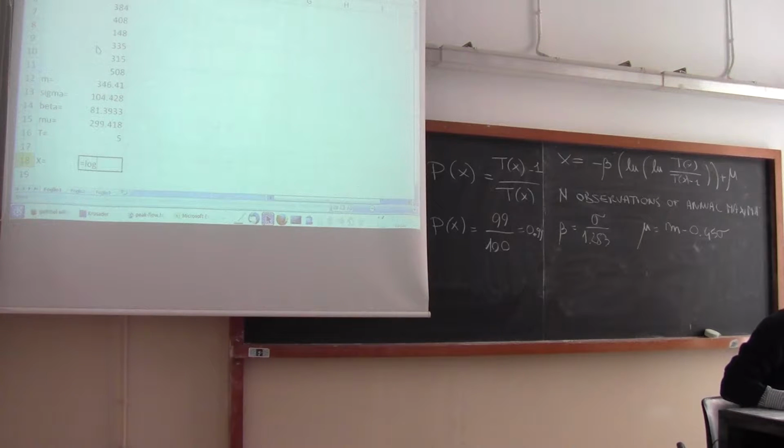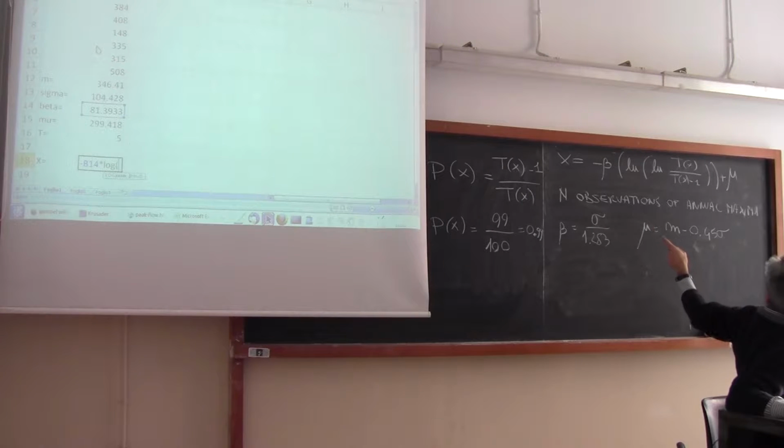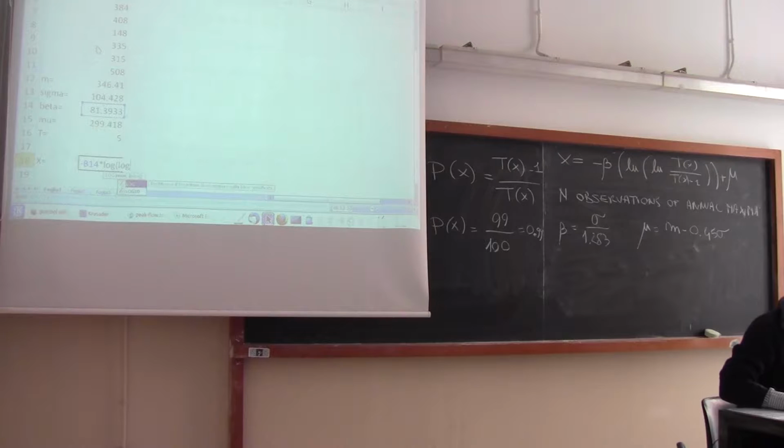Log is the logarithm with base e, it is log in Excel, and so it is minus beta times log, and I open another square parenthesis, is T minus 1 divided by T. Should work.